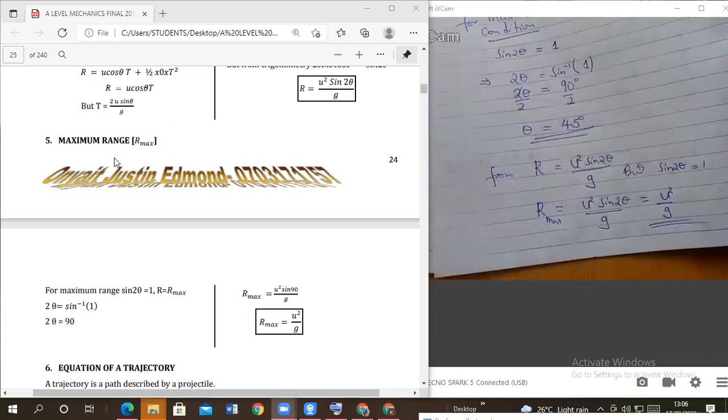Have you seen that? Yes. So they may give a statement: state the condition for maximum range to be attained.